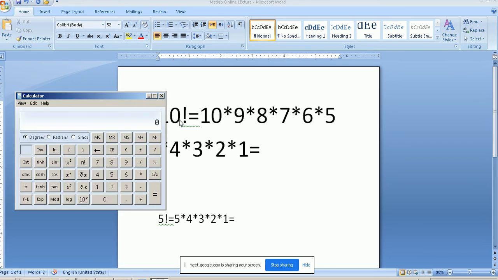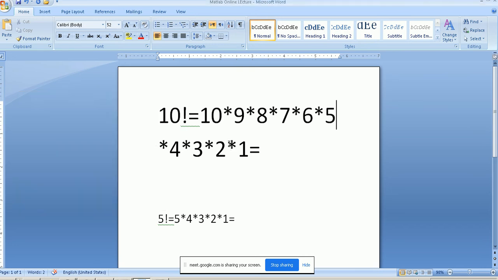Okay, you see 10 factorial, I will just write 10, and I think I have factorial in here. Yes, this is it. The result is 3,628,800. So this is the factorial of 10.